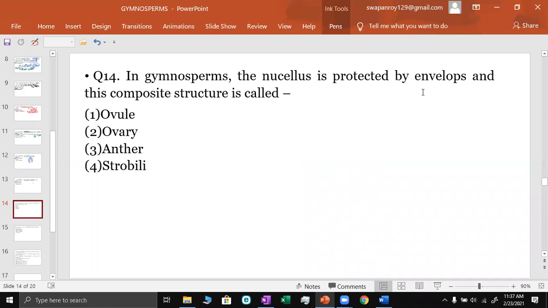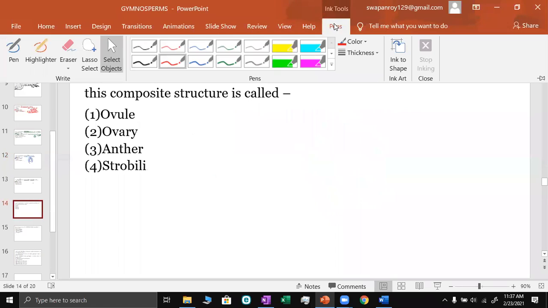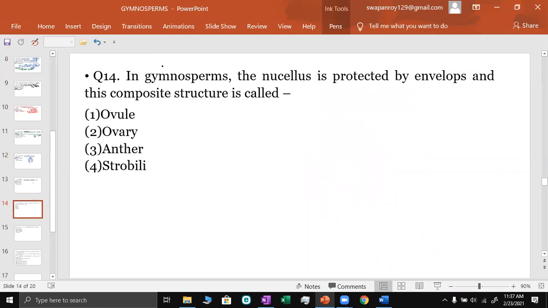So what is that composite structure called? It is the ovule. In the ovule is the megasporangium, and this ovule consists of the main body, the nucellus, and around that there is the integument or cover.